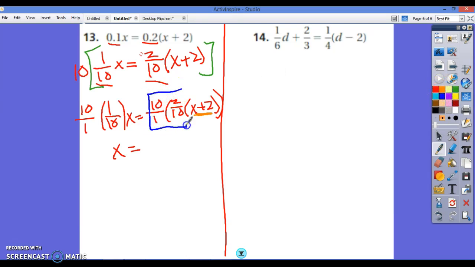I'm only multiplying what's outside the parentheses here. So in fact, I have 10 times 2 over 1 times 10, which would be 20 over 10, or 2. And then we just rewrite what's in the parentheses. And then from there, same thing as the other problems.